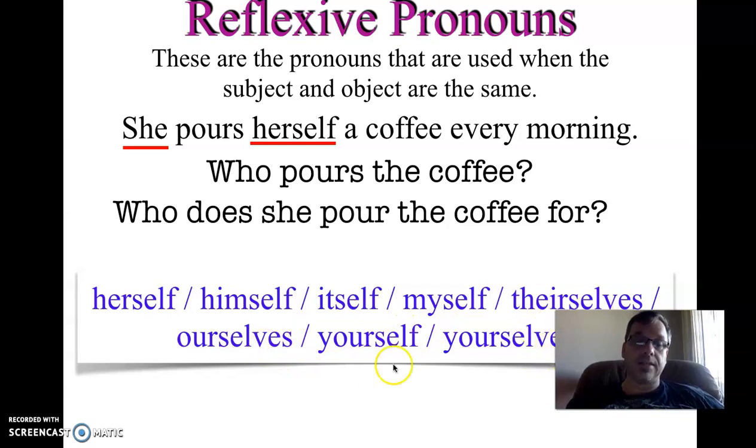Make sure you sound the V, selves. It's not F, it's not selfs, it's selves. So herself, himself, itself, myself, themselves, ourselves, yourself, yourselves. These are the reflexive pronouns. Remember, subject, object, the same.